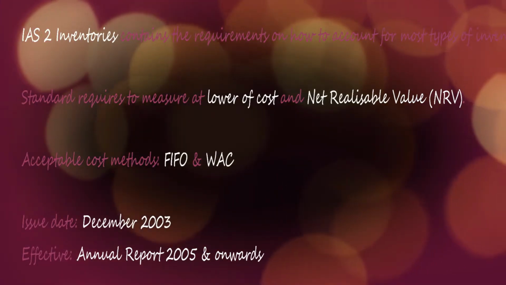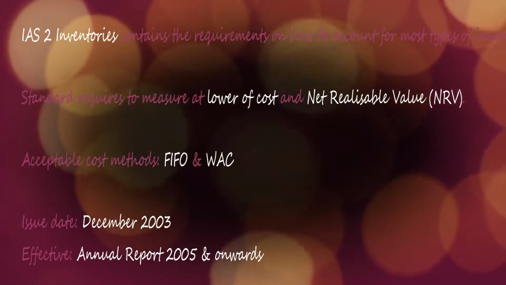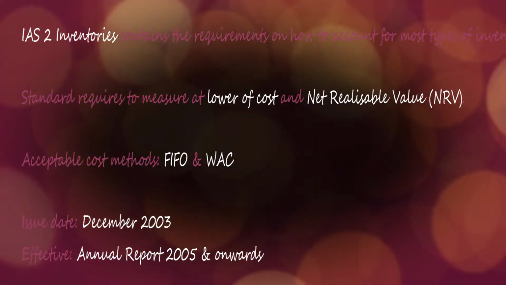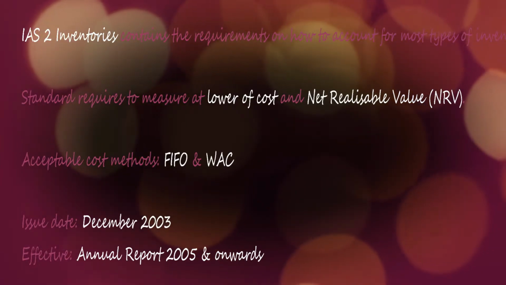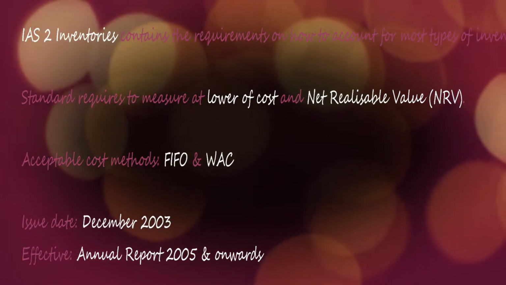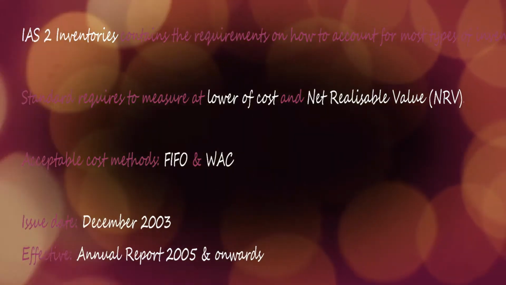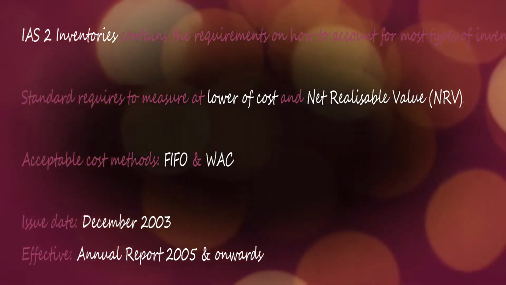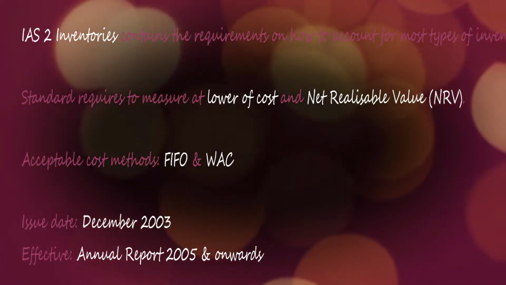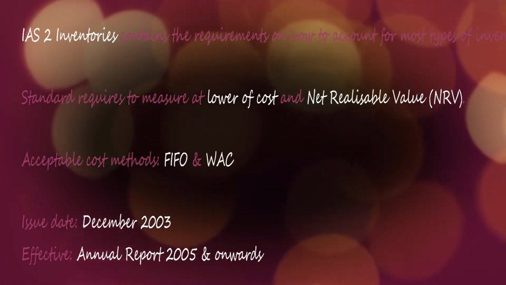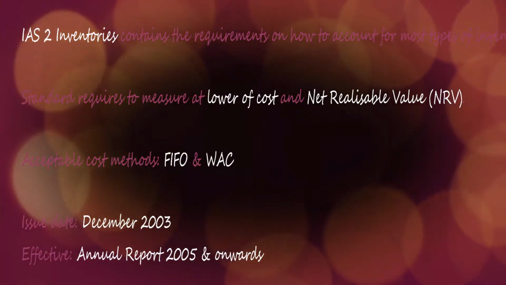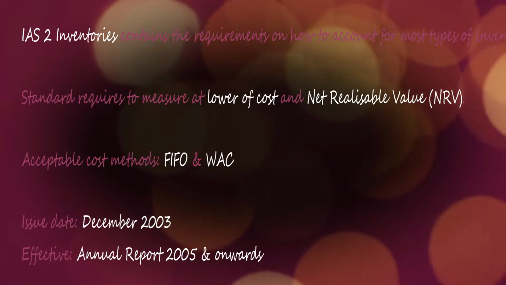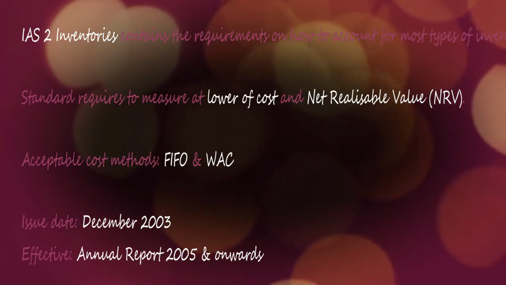The most acceptable methods of determining cost include FIFO, first in first out, and weighted average cost. IAS 2, which is inventories, was issued in December 2003 and has been applied from January 2005 onwards in annual reports published annually.